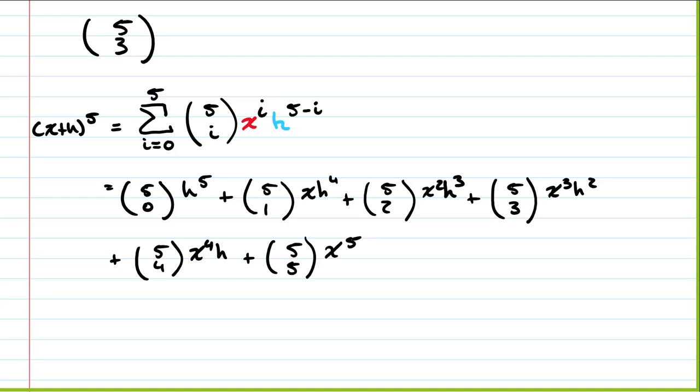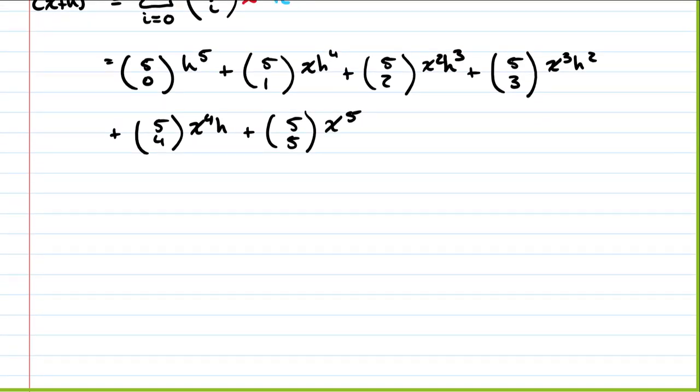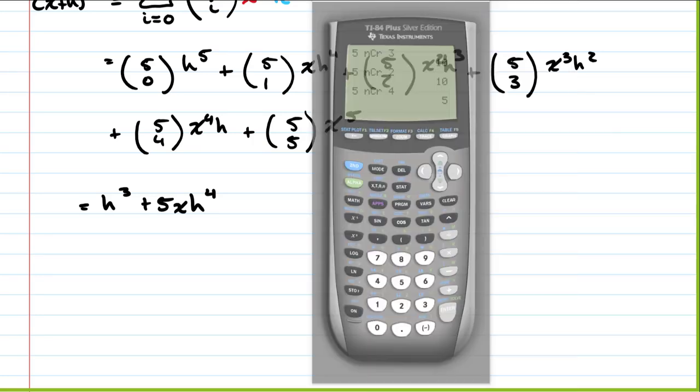So if we punch those into our calculator, 5 choose 0 is 1, so we get h to the 5th. 5 choose 1 is 5x h to the 4th. 5 choose 2, as we did on our calculator, is 10.